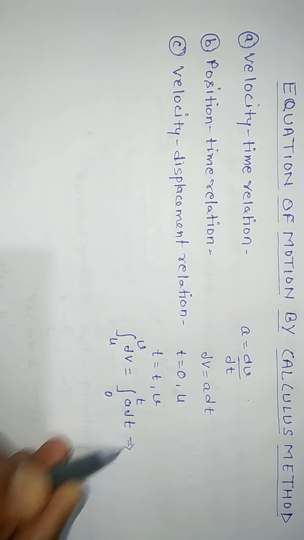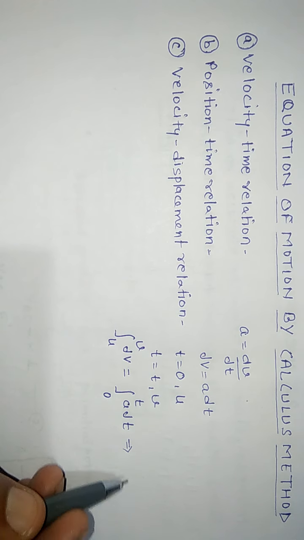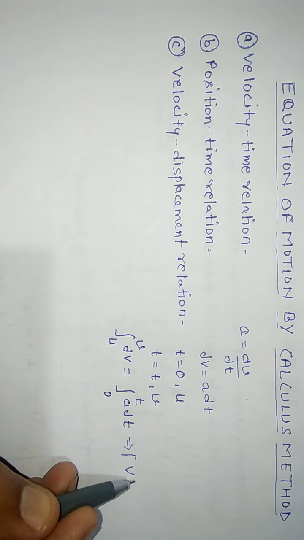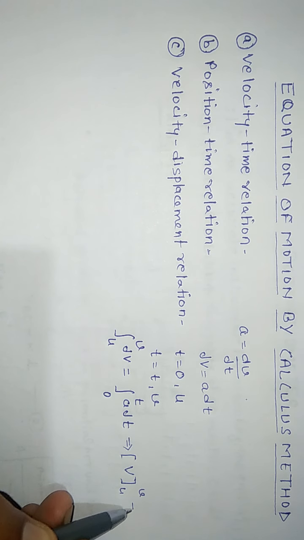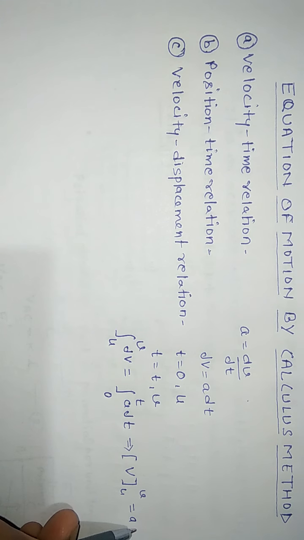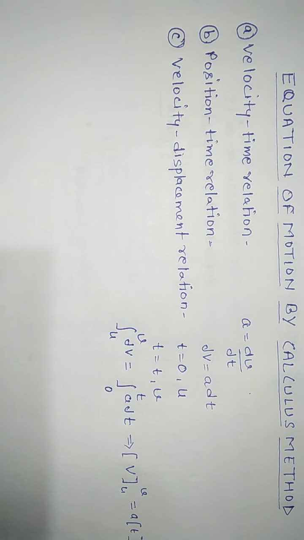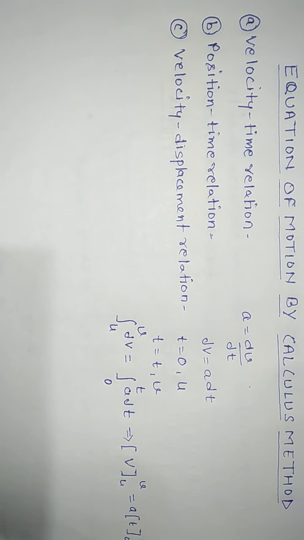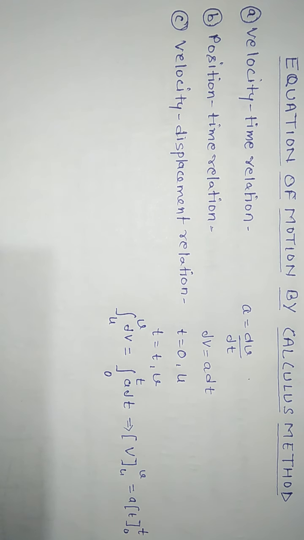From this we will get the integration of dv is v, and the limits will be u to v, and a is constant, so a t, and the limits will be 0 to t.